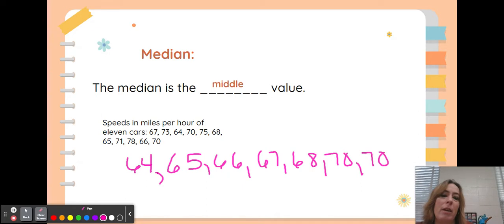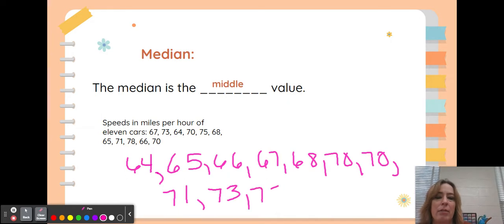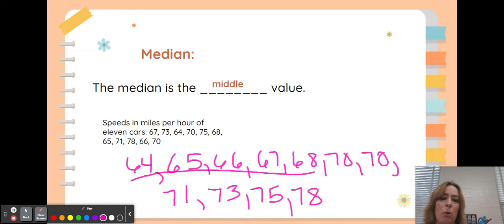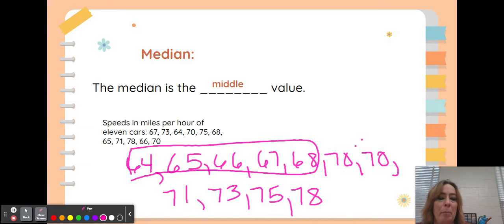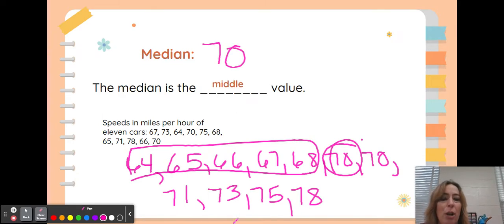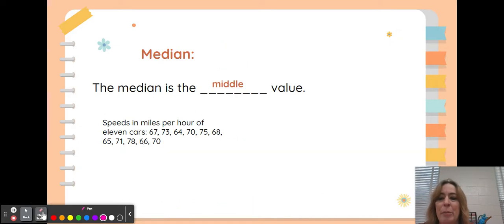We said it was twice 70. And we had 71, 73, and 75, and 78. But we said the first 5 were the lower quartile. So that's these, right? The middle value would be this one. So 70 is our median. And we'll talk about these other top 5 in just a moment.